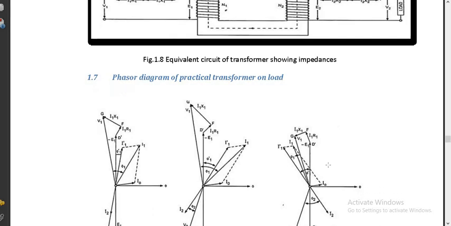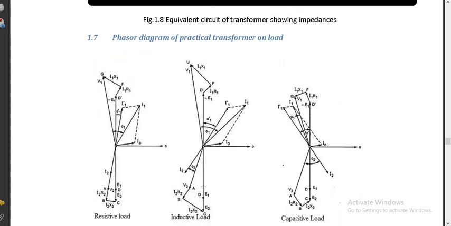Similarly, we can say we have an inductive load. In that case I2 will be lagging behind like this. So you can see this angle. Now here you can see V2 and I2 were in the same direction. One more thing over here is you can see E2 and V2 are different.